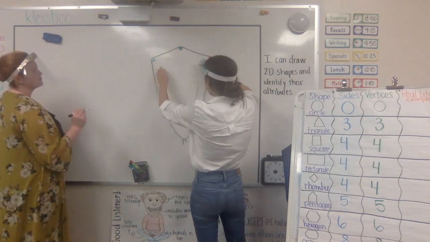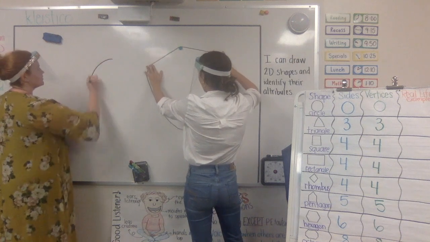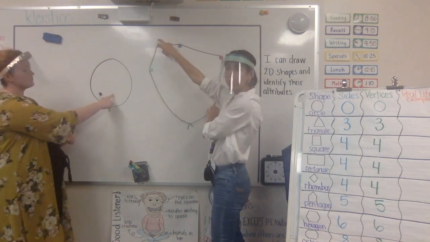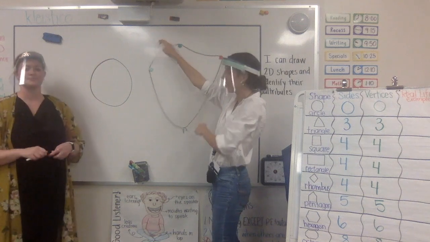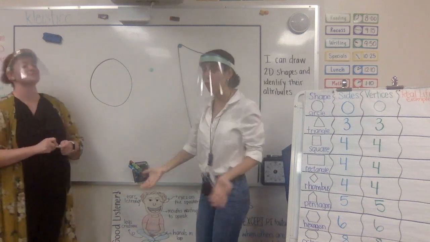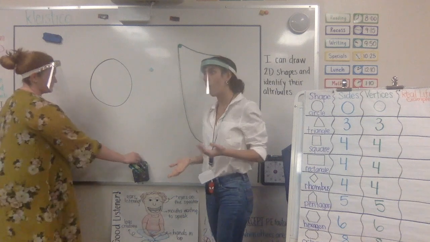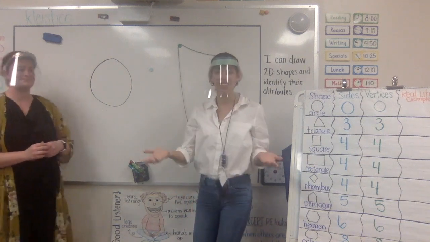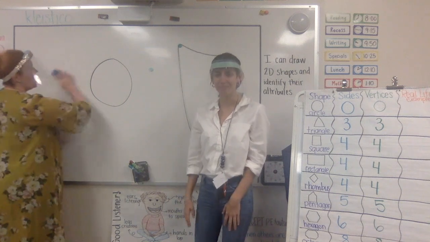But you get the general idea. We know that a circle should have no edges, so it could be completely round, like the face of a clock, or the face of a soccer ball. It's just completely round.